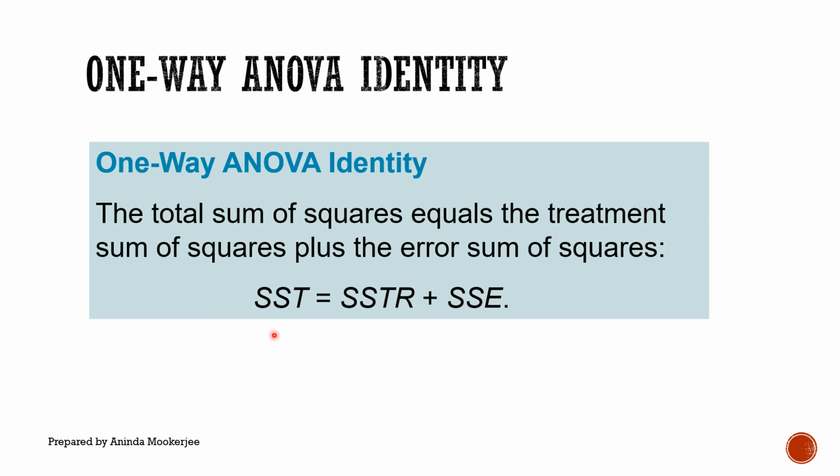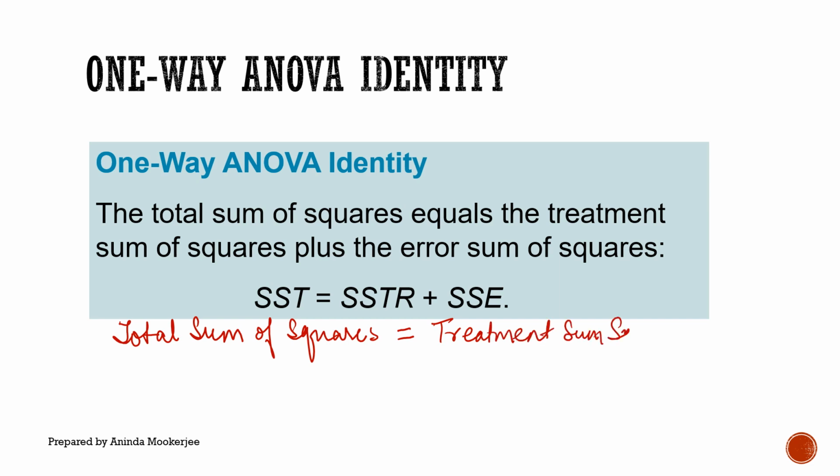It goes by this equation which says SST, that means total sum of squares, is equal to SSTR, the treatment sum of squares, plus SSE, the error sum of squares.